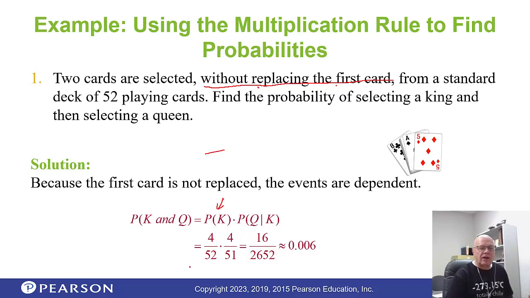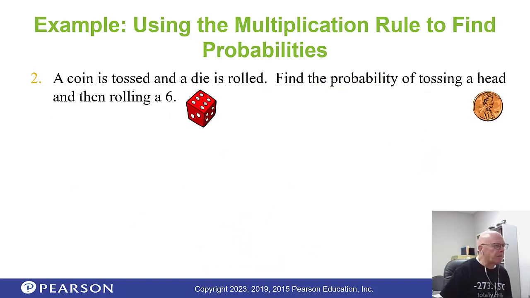Since we've got a fresh deck, it's 4/52. The probability of selecting a queen, if we've already selected a king, well, there's one less card in there. We've still got 4 queens, as we did before, but this time we've only got 51 cards to choose from. And that's our probability. One event in this sequence with the other, one after the other.